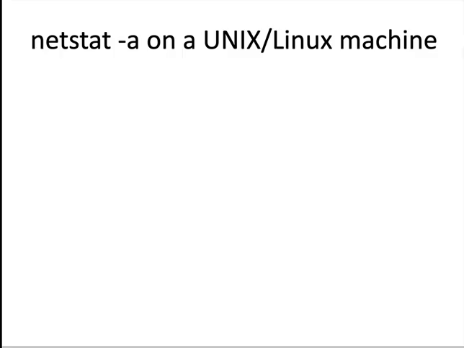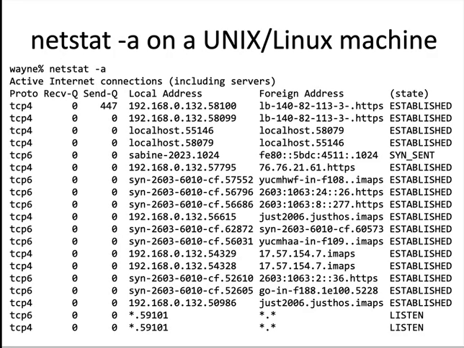On a Unix machine, this is what you'll see. I think this is from my Mac, but it tells me the local address, which is my machine, dot, and in all cases, except the last two, those are dynamic ports that are connected to foreign addresses.